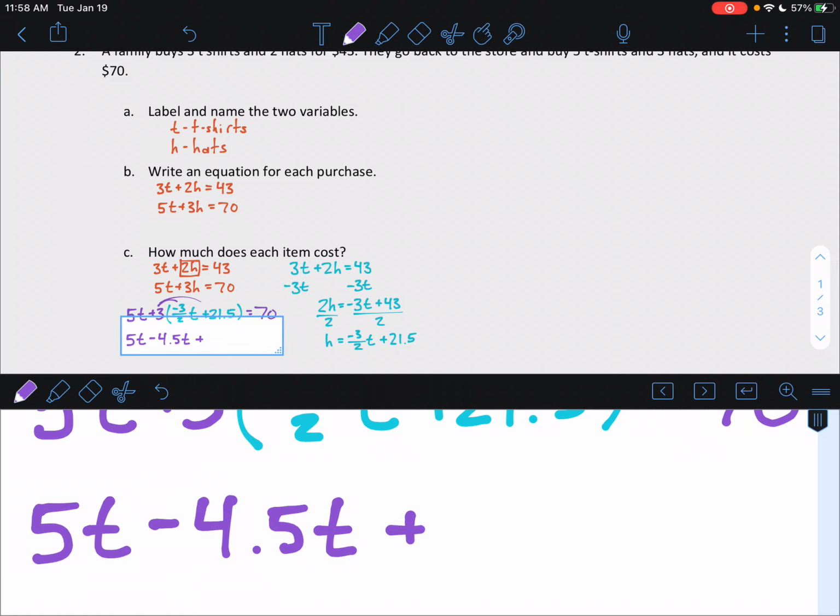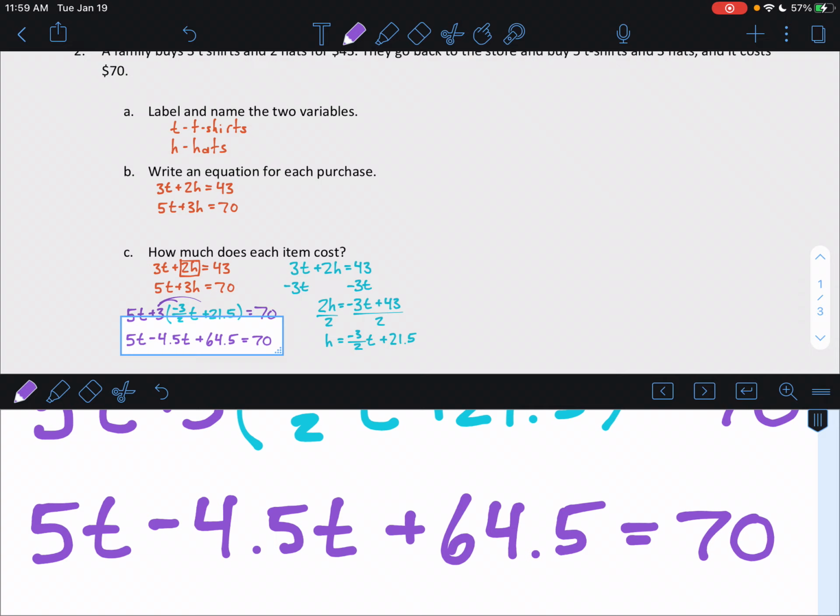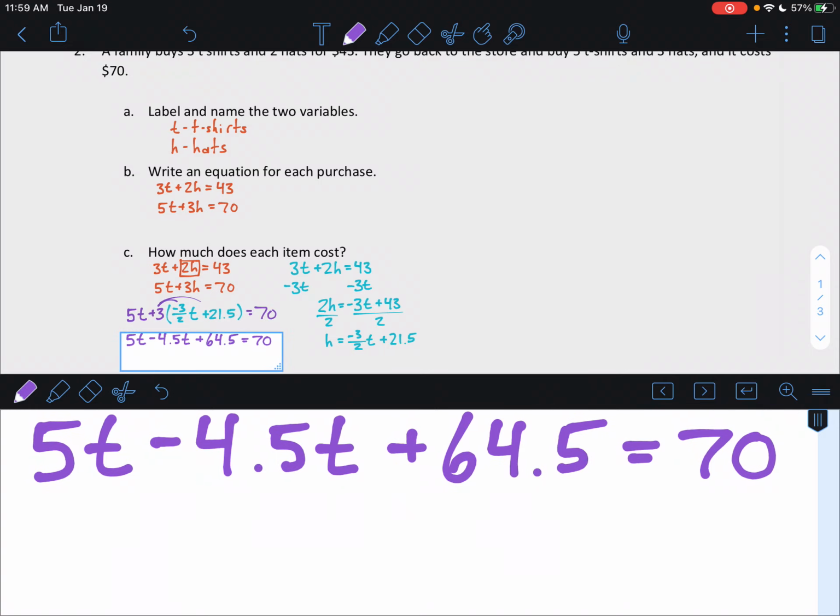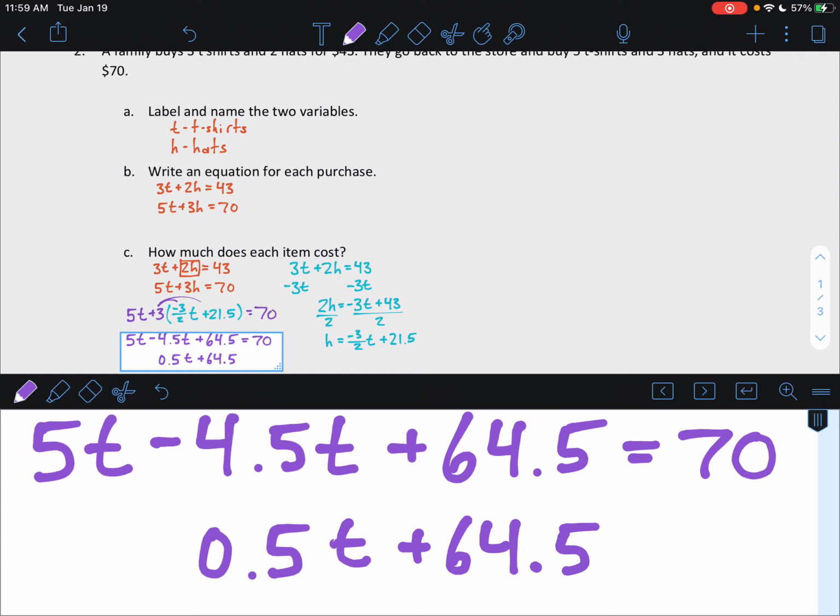And then 21.5 times 3 is 64.5. And then still equals 70. I'll combine like terms on the left side. So I have 5t minus 4.5t is 0.5t plus 64.5 equals 70.